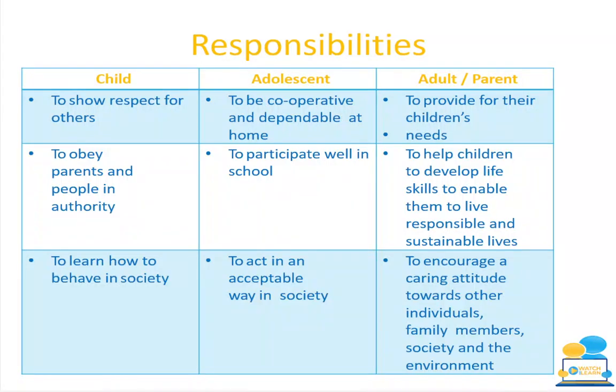Life skills, teaching them how to cook and do things which will enable them to be effective members of society. Parents also have the responsibility to encourage a caring attitude towards other people, not just people in your family, but people in the wider community as well.